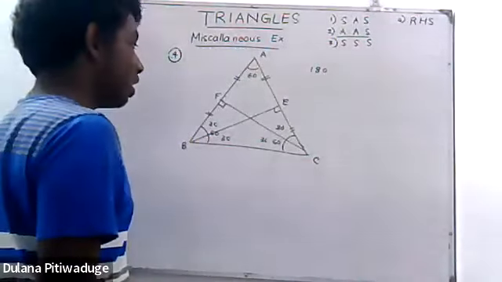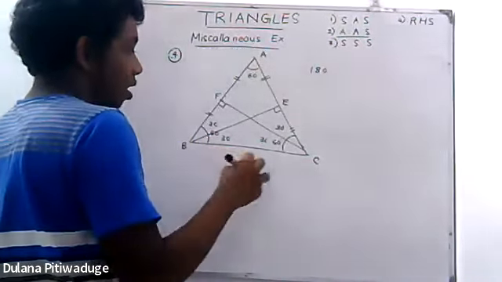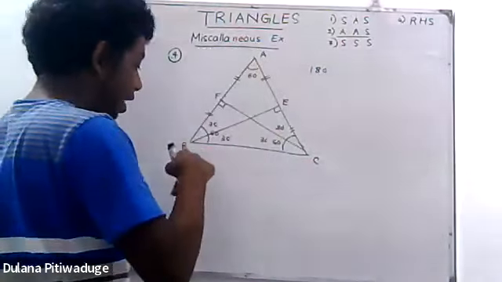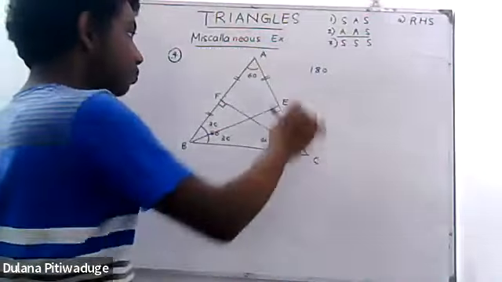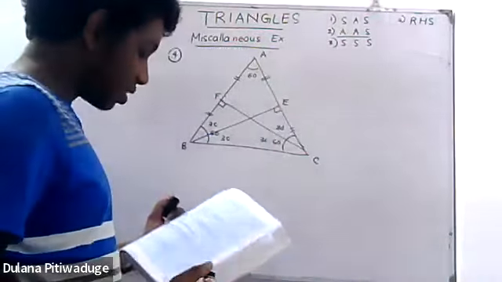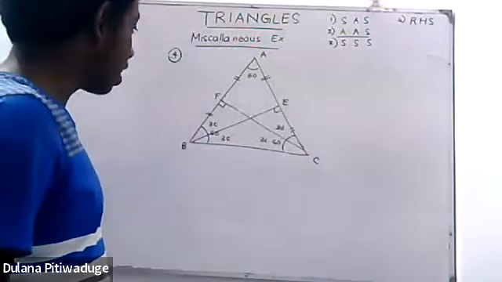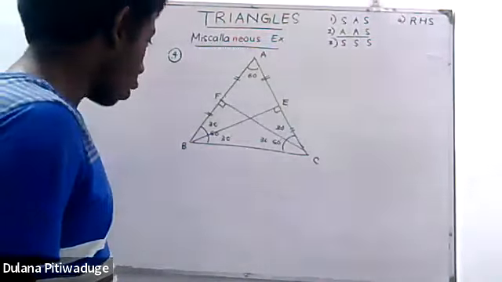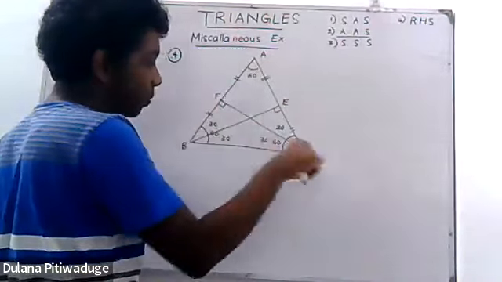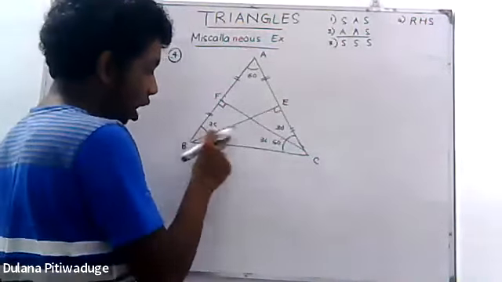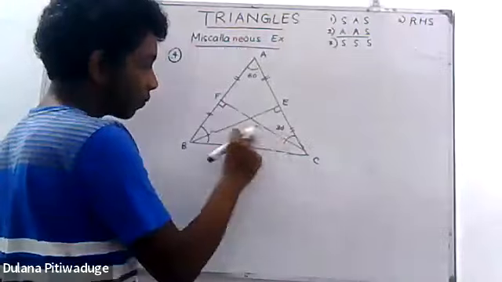Now to show the last case, that CF is equal to BE, we can consider showing that these two triangles, CBF and BCE, are congruent. How can we say that those two are congruent?